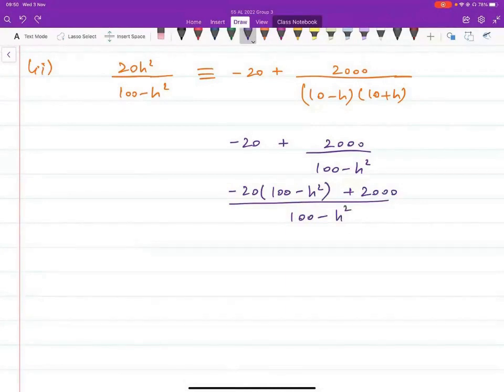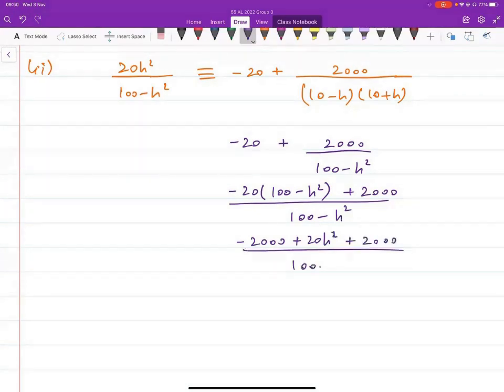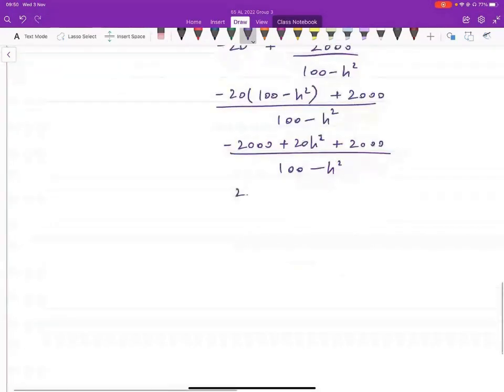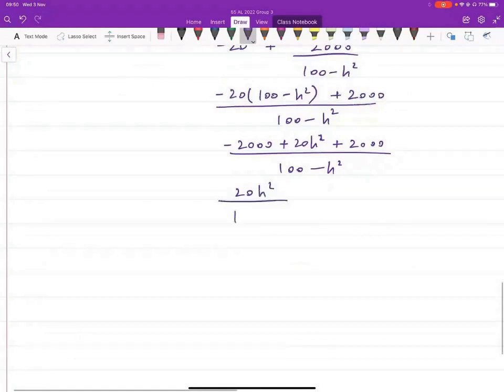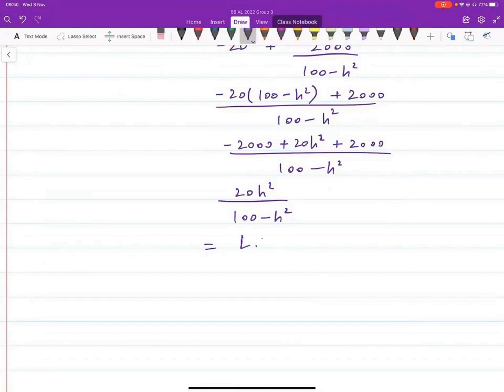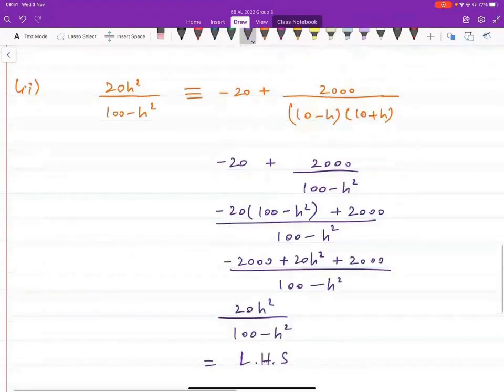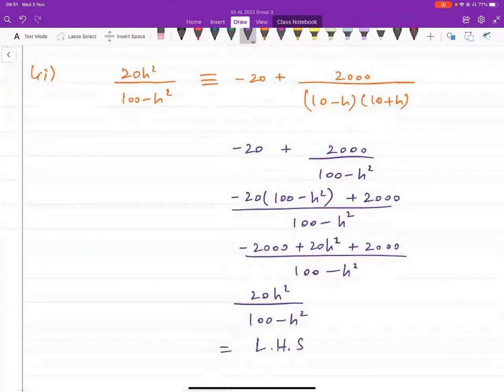And that gives us plus 20 h square plus 2000 over 100 minus h square, which is the same thing as what we had on the left-hand side, right? So rather than finding partial fractions, this is what we do.